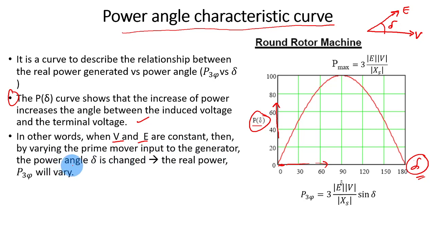And if you change the power angle, then the real power delivered by the generator will also change. So if the generator receives a new power requirement, it will change this power angle in order to increase or decrease the real power delivered by the generator.